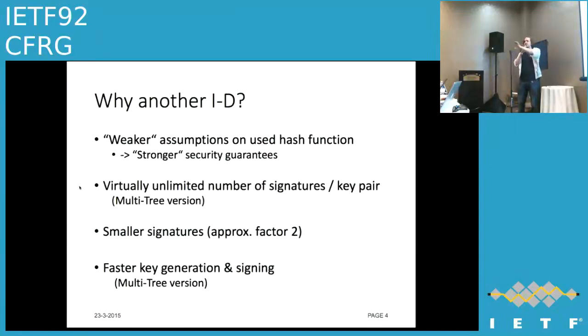As you generate a fixed set of one-time signatures, the number of signatures you can do with one key pair is limited, and we can increase this number up to 2 to the 60, for example, without any problem. And finally, we can decrease the key generation and signing times for the multi-tree version.